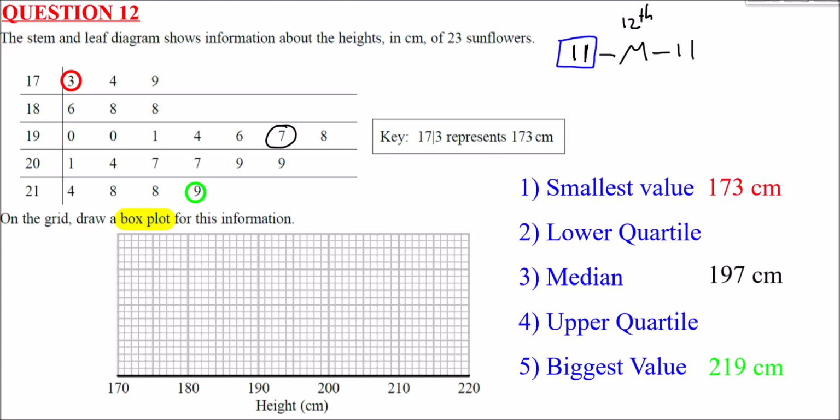You could imagine these as being split into 5 smallest, 5 which are the biggest of these 11, and the middle one will therefore be the lower quartile. So the lower quartile in this case is going to be the 6th value. So 1, 2, 3, 4, 5, 6, 18 line 8. So the lower quartile is 188.